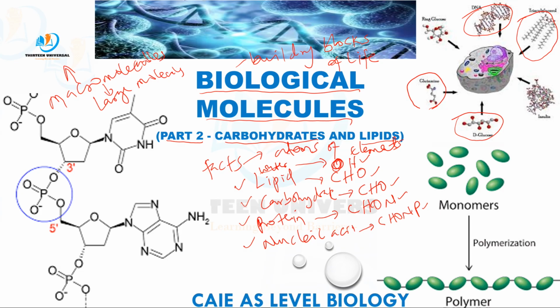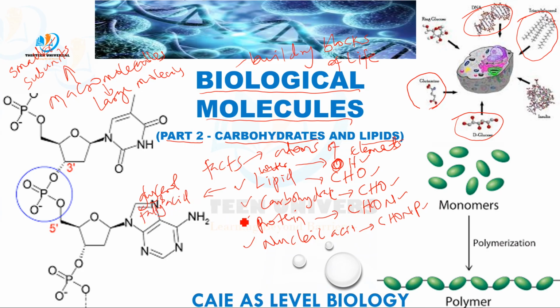Macromolecules are usually made up of smaller subunits. For example, lipids are made up of glycerol and fatty acid.